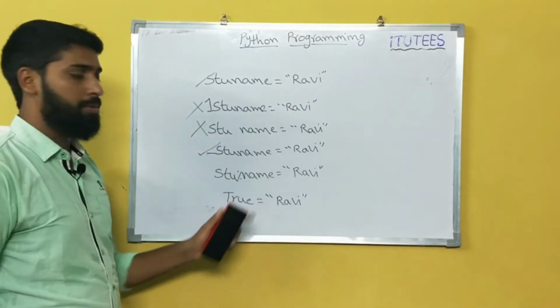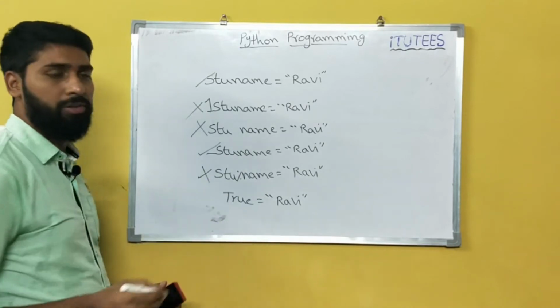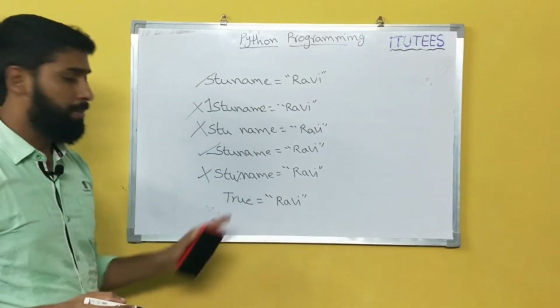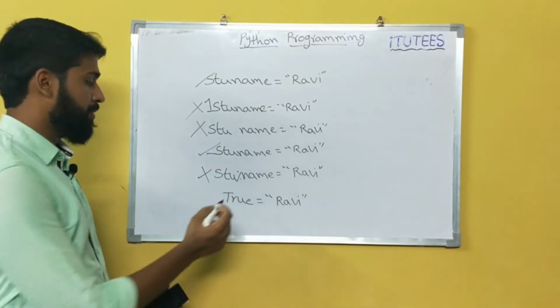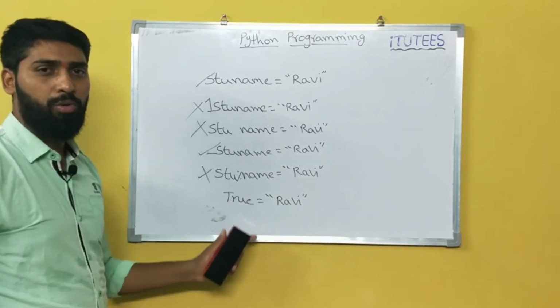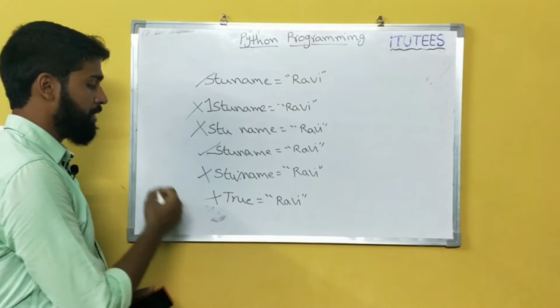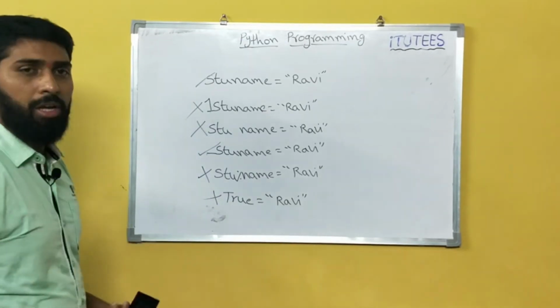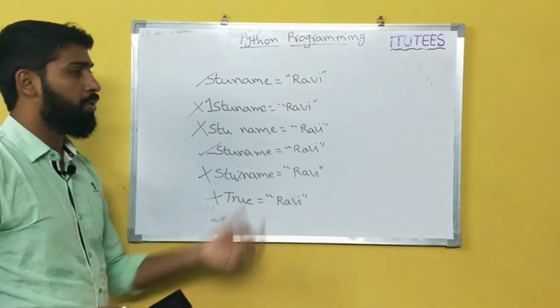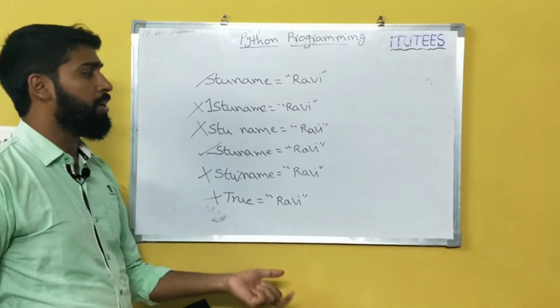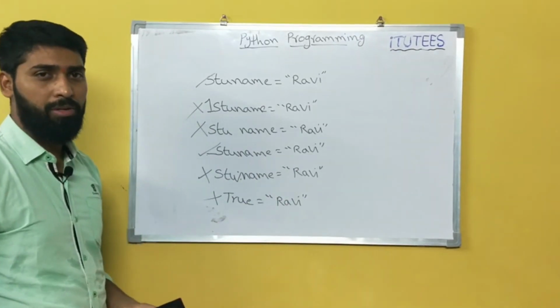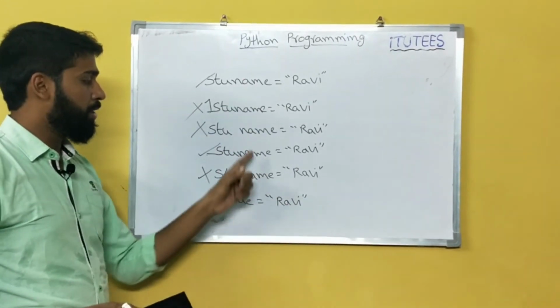Stu percentage name is not allowed. Why? Percentage is a special character. True equals to Ravi: what is rule 3? Keywords cannot be used as variable names. So it is illegal. I hope you all understand what a variable is, how to define the variable, and what the variable name rules are.